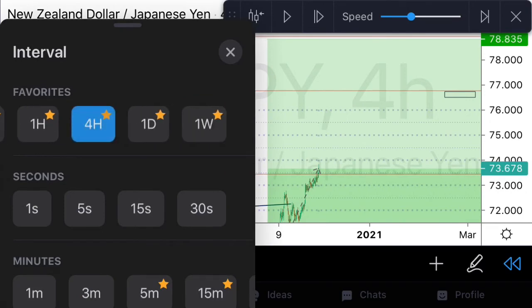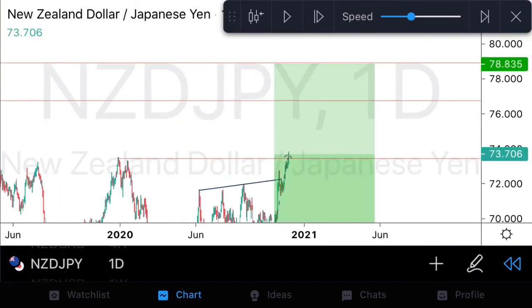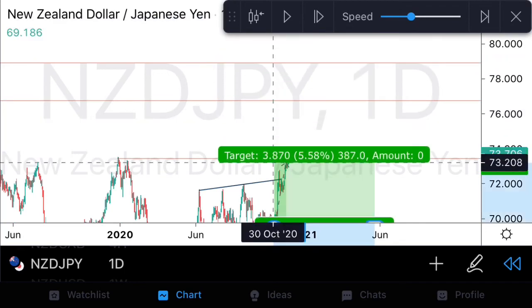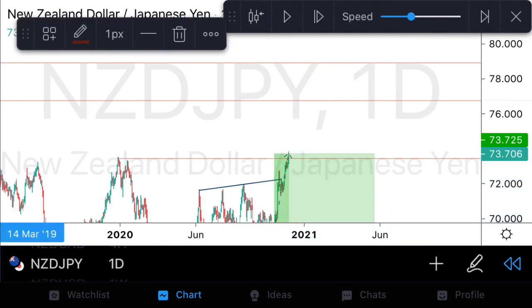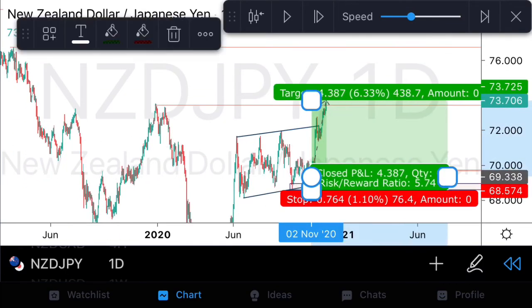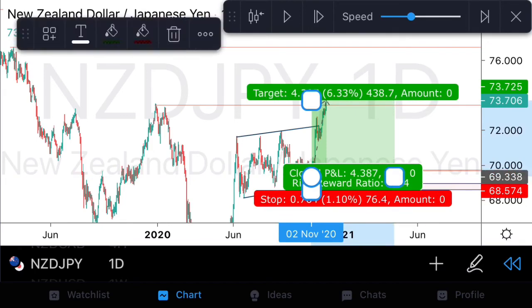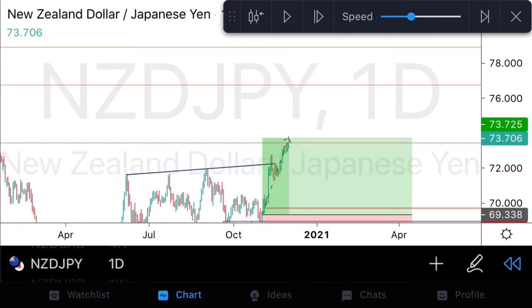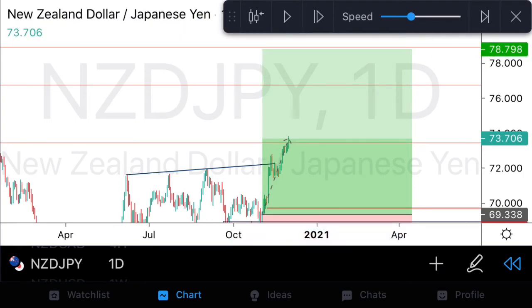Let's go back up to that daily and let's look at the potential for that beautiful risk to reward. Now, as it stands, where price is right now, we have already secured 5% of this position. Now 5% is literally someone's investment in the bank that they've left there the whole year.